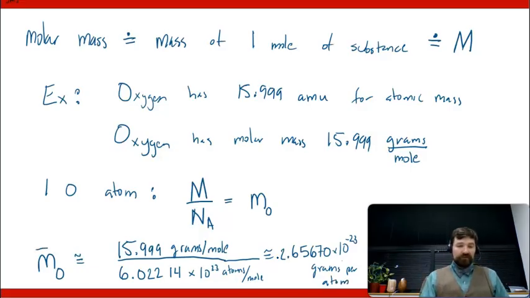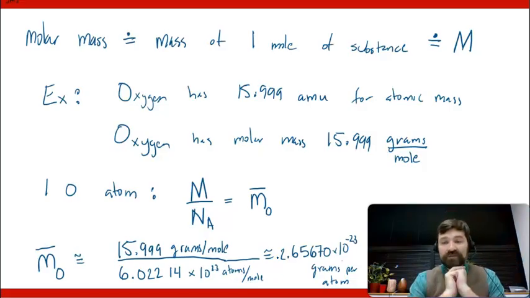Now, in actual fact, this is an average mass per atom. Individual atoms of oxygen, assuming that there's not any relativistic effect on them, are not going to actually have this mass, because individual atoms either are an oxygen 16 or an oxygen 14 or a 15 or a 17.